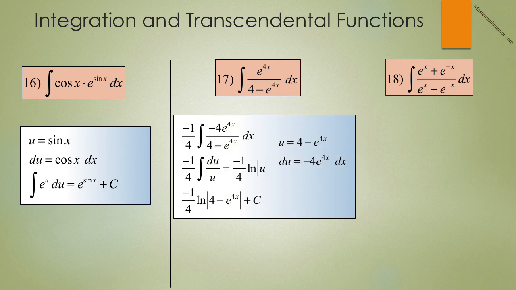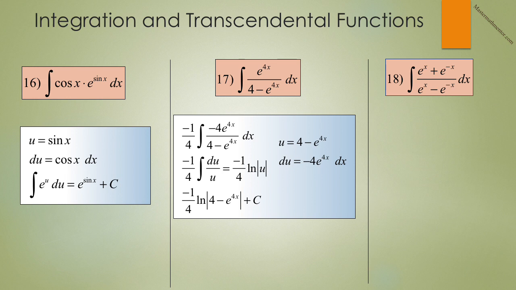17 reads the integral of e to the 4x over 4 minus e to the 4x dx. In this problem, it's a good idea to let u be the denominator, 4 minus e to the 4x, and du is equal to negative 4 e to the 4x dx.